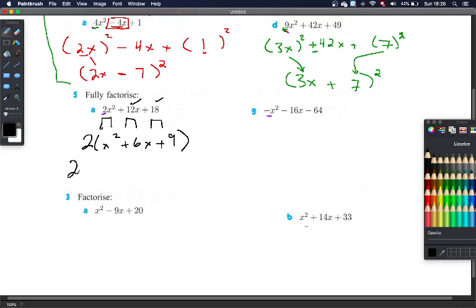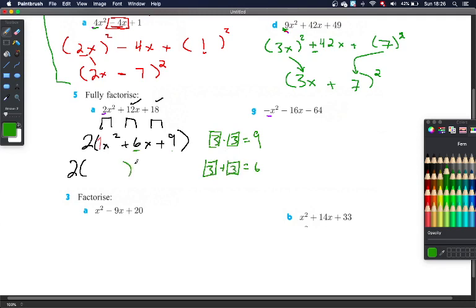Now, because inside here I have my 1x squared, I can use the box method. So 2 numbers that multiply to get 9, the same 2 numbers that add up to get 6. In this case it's 3 and 3.